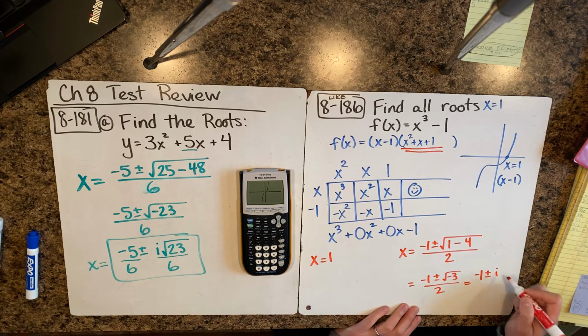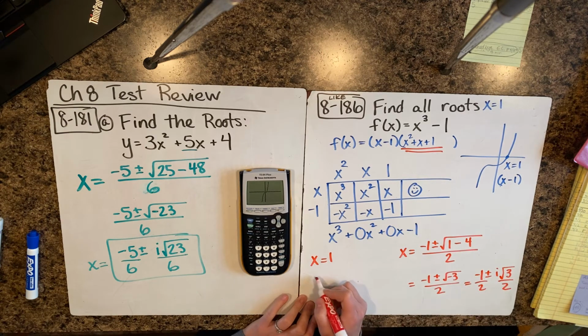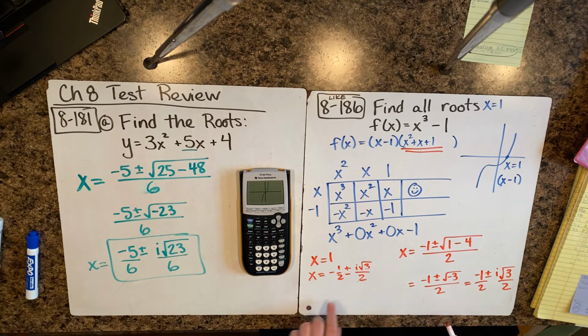Square root of 3, not an easy, nice number, so we're just going to leave that alone, and we're going to split the 2. So my 3 solutions look like that. Now remember, this counts as 2 solutions because it's -1/2 plus i root 3 over 2 and -1/2 minus i root 3 over 2.